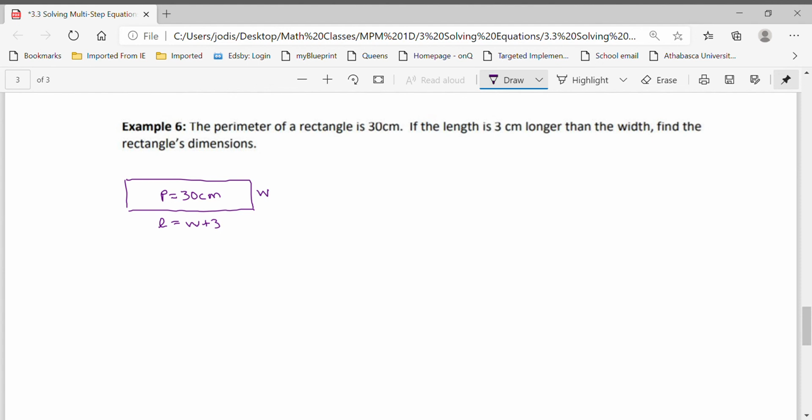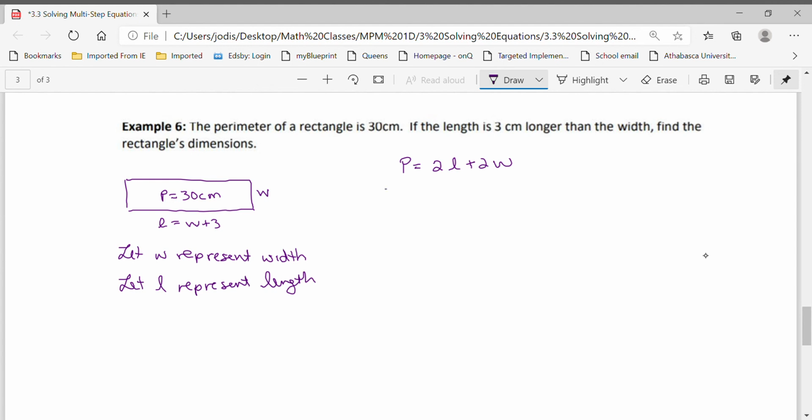Okay, so I'm going to say let W represent width, and let L represent length. So I know that for a rectangle, I've got P equals 2L plus 2W.